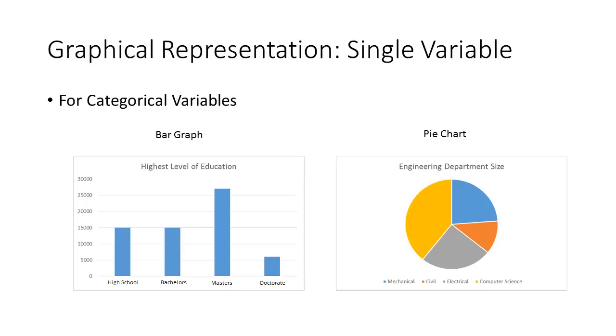So here, for instance, let's say the example is one where we sent out a survey and asked people what their highest level of education is. And highest level of education would be the variable. The possible values it takes up are high school, bachelor's, master's, and doctorate. And therefore, this is a categorical variable, right? There are only 4 possible qualitative states that this particular variable can take up.